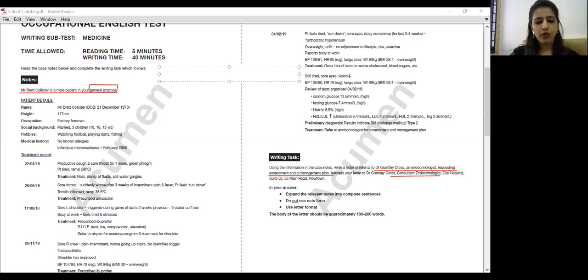One is, what information is required for the target reader, and what information is not relevant for the target reader.